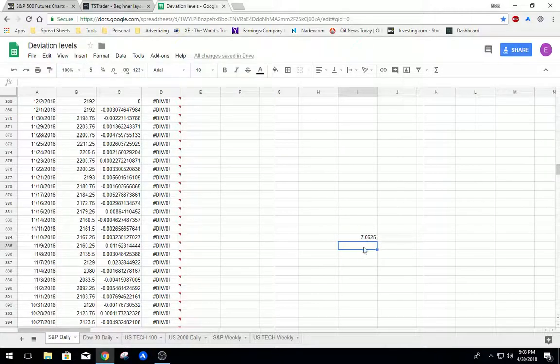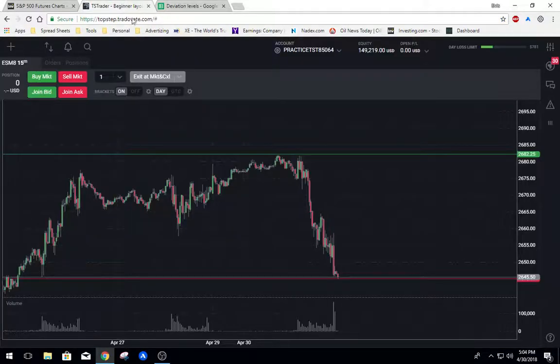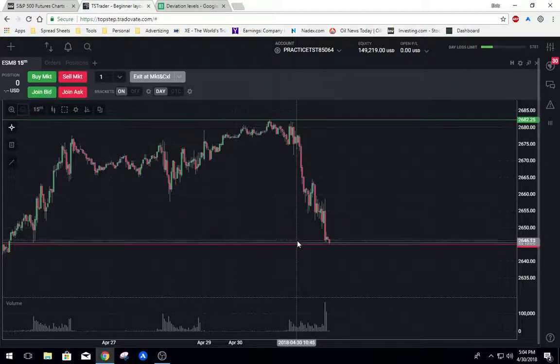So now 7.0625 points. Now we're using a hard stop, which would say if we enter at 2045, our hard stop would be 2039. Now the trailing stop would enter at 2037.25.